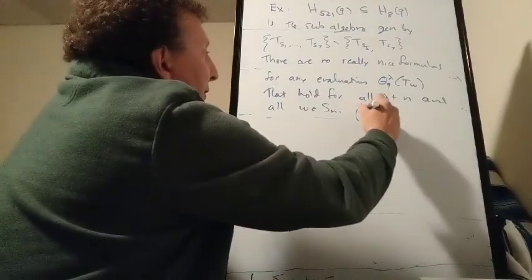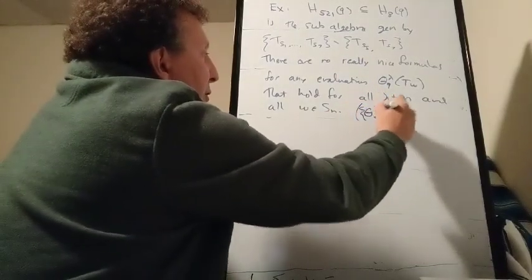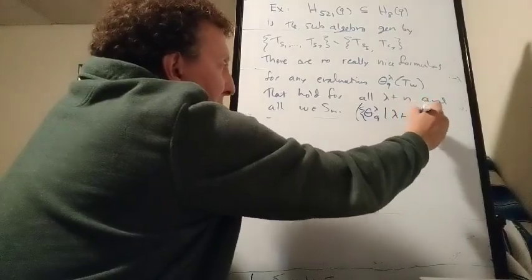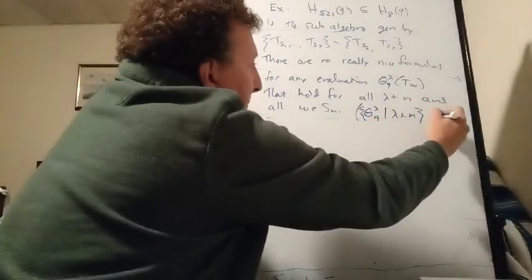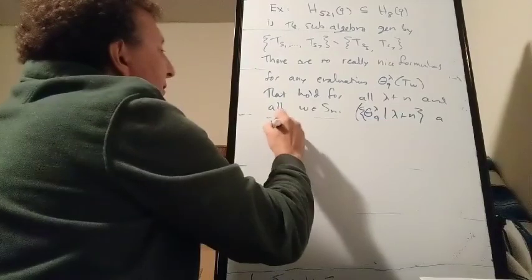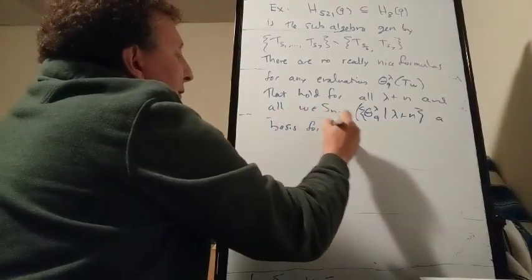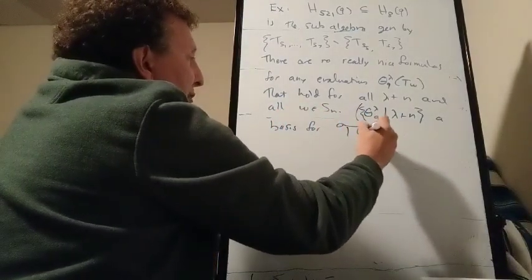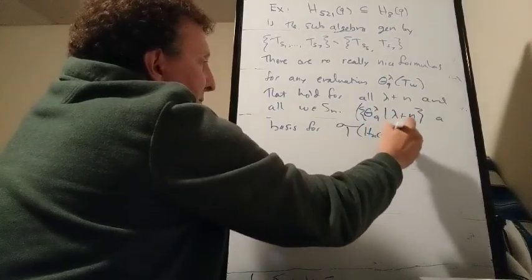I'm thinking of theta lambda q as lambda varies over partitions of n as a basis for the trace space of the Hecke algebra.